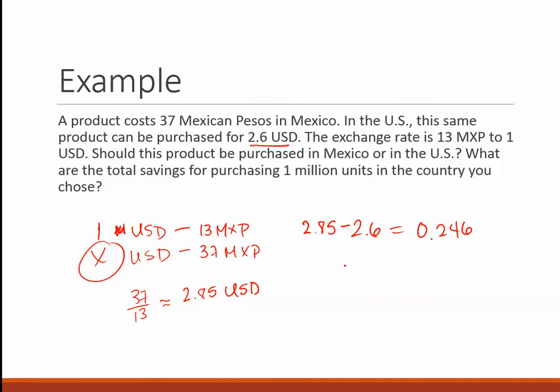Then we're going to multiply this times a million, times 10 to the 6, which is going to give us approximately 246,153, or well, let's round it. And this is the difference. Although it doesn't seem like a big difference, a few cents here and there, when you're talking about millions of units in import and export merchandise, for example, it comes up to be quite a bit of money. Great. Okay, let's continue.